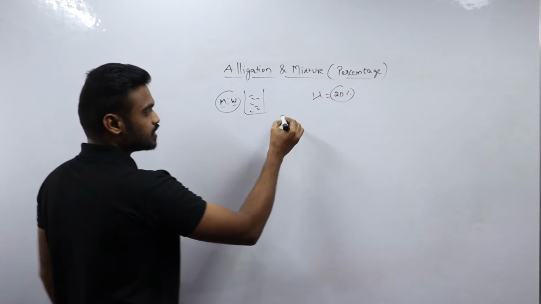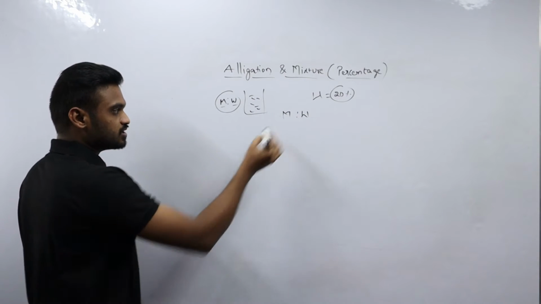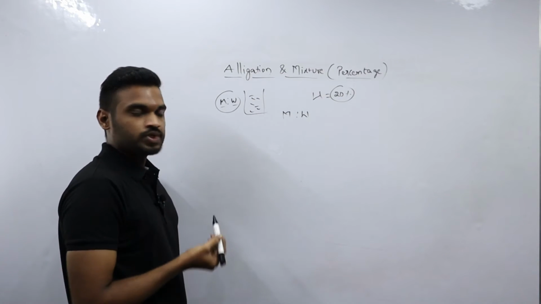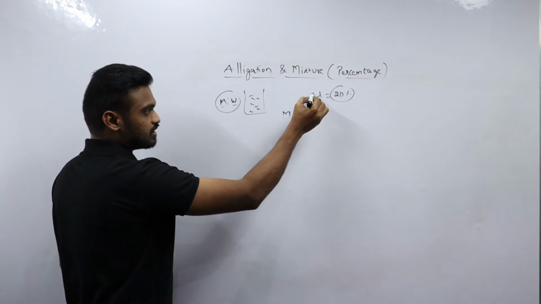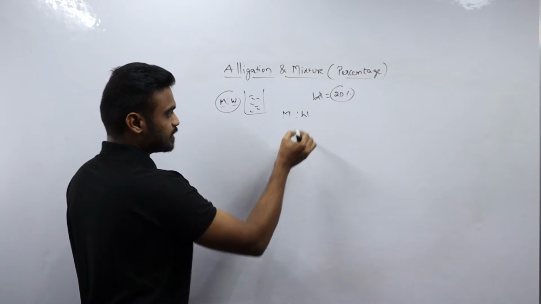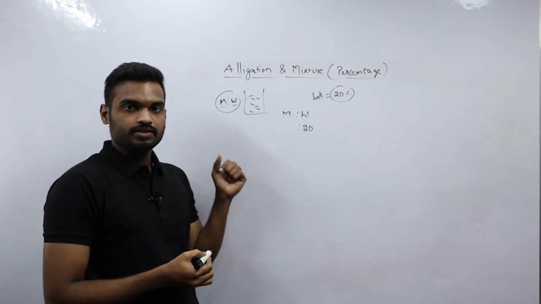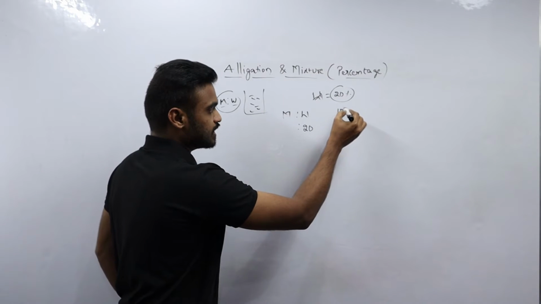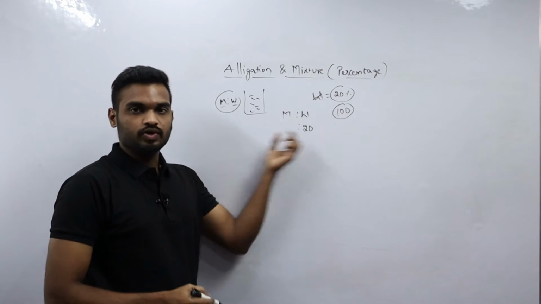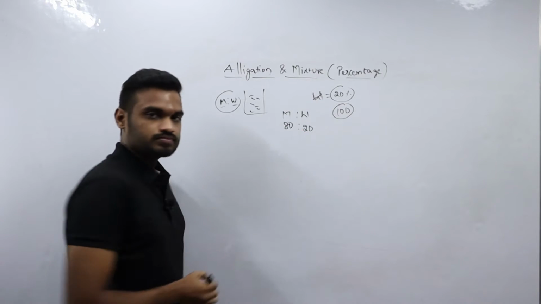See here, the entire mixture is a combination of milk and water, right? They are saying the water percentage is 20%. Now what is the percentage remaining? Out of 100%, water percentage is 20%, so the milk percentage is automatically 80%, right?